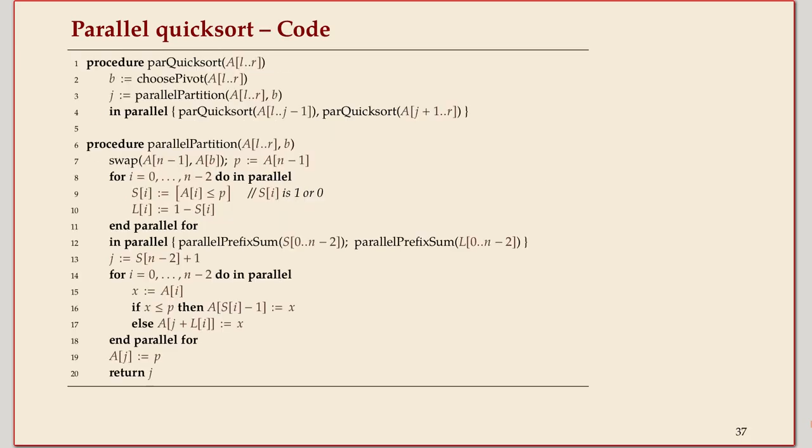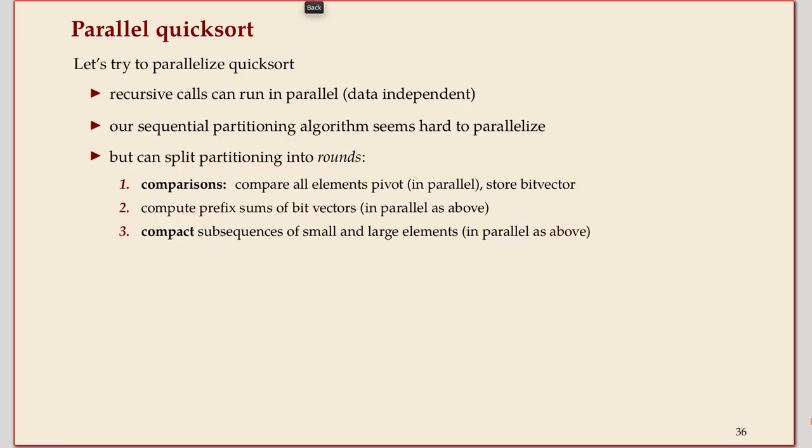I think I have detailed code for this, but before we do that, let's see a very small example on that again. So I'm making up some input. Humans are terrible at random number generators. But let's still do this one.